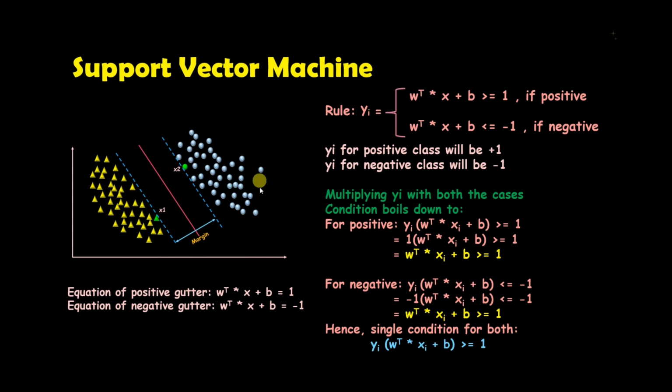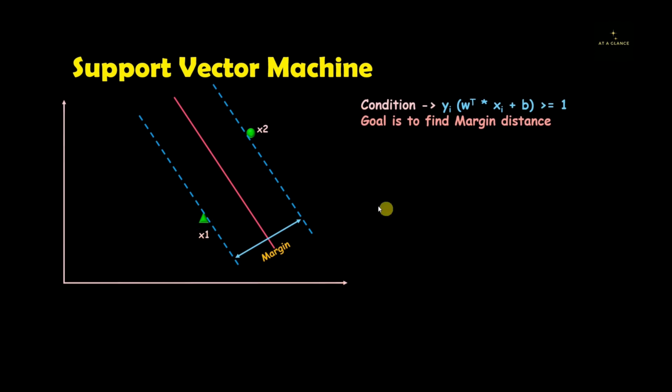If the data point is lying between the margin area, that means between both the gutters, then the multiplication of y of i and this particular expression will be lesser than 1. But if the data points are lying to the right of the positive and to the left of the negative gutter, then in that case this condition will be true. That means the multiplication of y of i and the expression will be greater than or equal to 1. So I hope how this condition boils down to 1 is clear to you all.